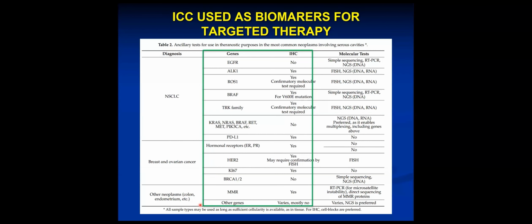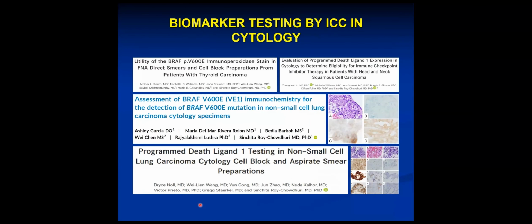As recognized, the BRAF V600E mutation holds significant importance in managing thyroid cancer and melanoma patients. PD-L1 testing has become nearly essential for various malignant diagnoses, so extensive validation studies regarding ICC have been widely published, as listed here.